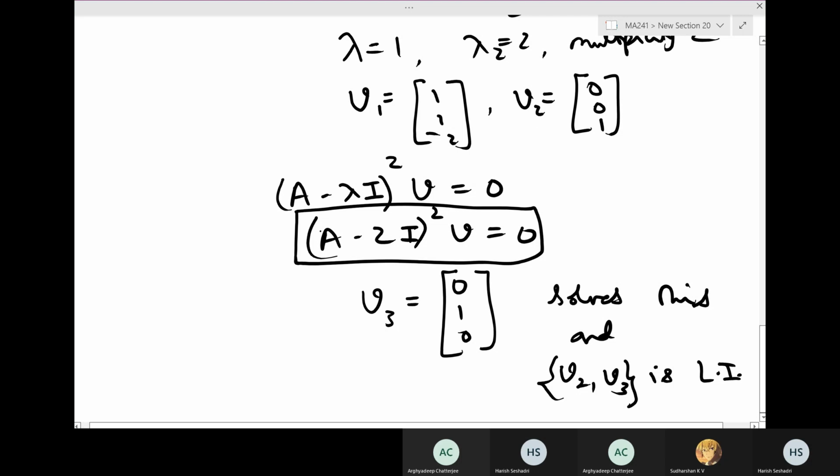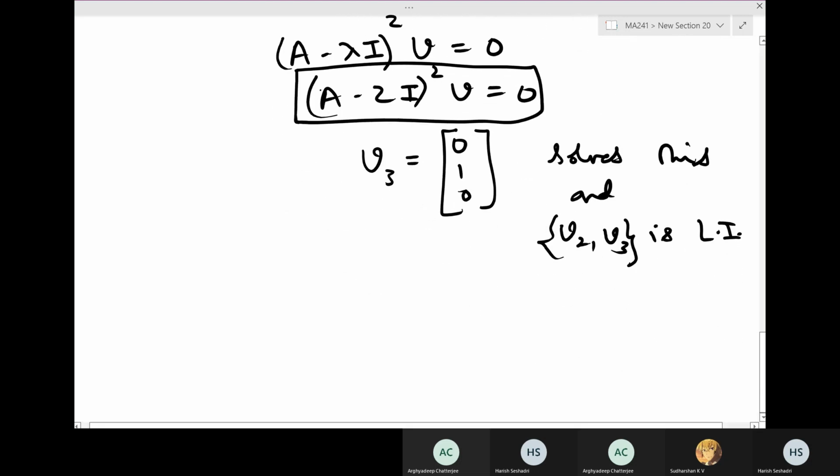But what about v1? v3 is not a genuine eigenvector, so I can't say that v3 is an eigenvector for a different eigenvalue, therefore it's linearly independent from v1. So why is that? I leave it to you to check that.